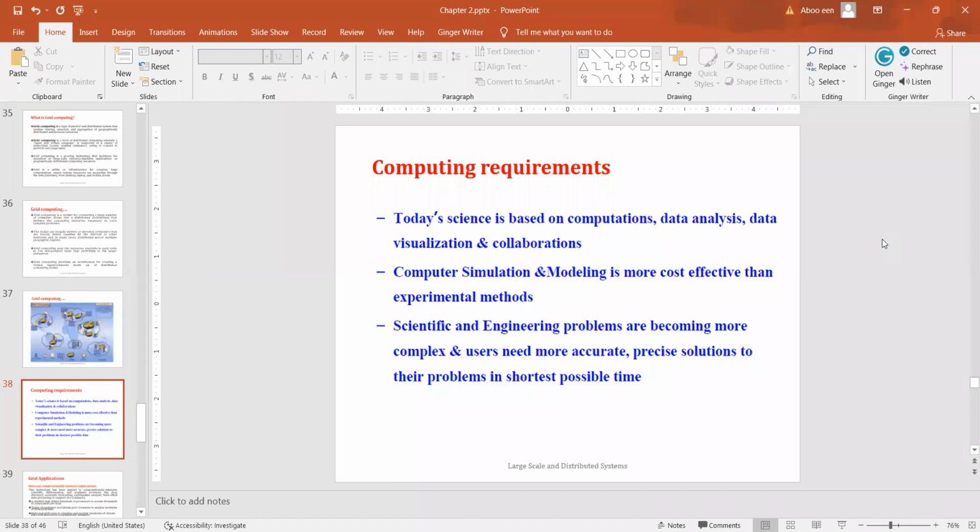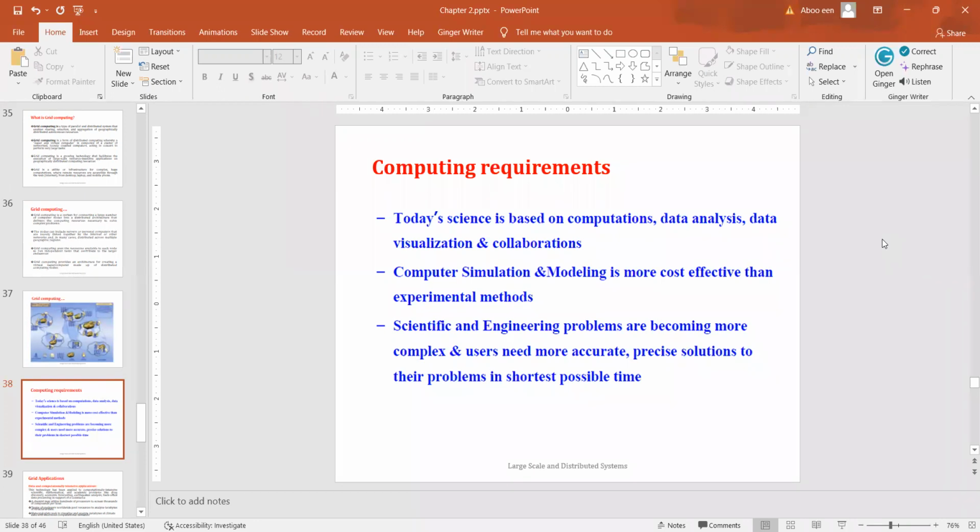NASA and other science research and experimental institutions are analyzing huge amounts of big data, with data analysis, visualizations, simulations, and various computing requirements.